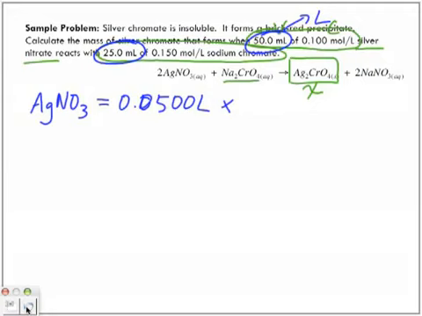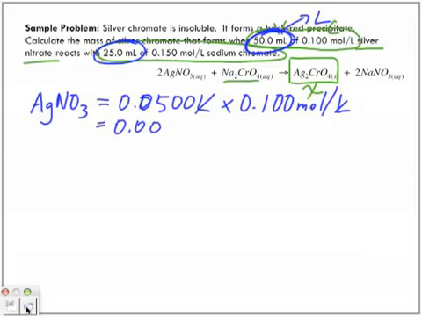So we've converted this to this, 0.0500 liters. We're going to multiply that by the concentration, which is 0.100 moles per liter. Liters cancel out, and I'm left with 0.00500 moles.